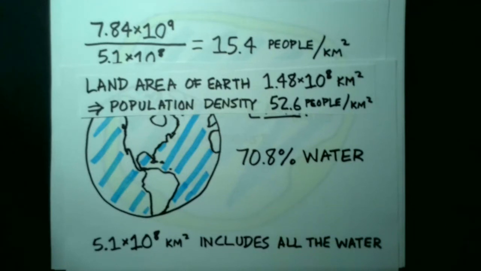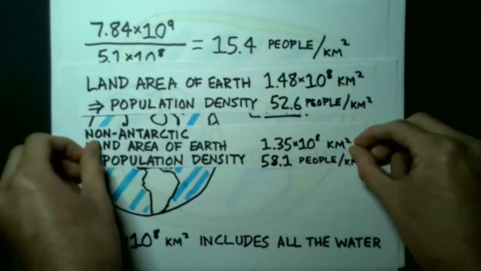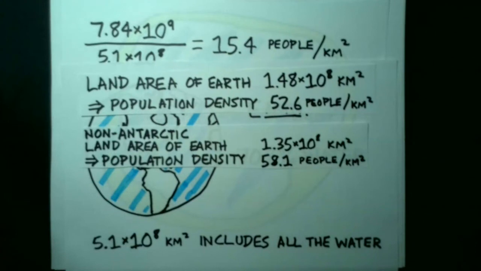One could actually go a bit further and use the Antarctica excluding land area figure, which is about 135 million square kilometers, giving a population density of 58.1 people per square kilometer. Since it could be fairly argued that Antarctica really isn't land for human livability purposes.